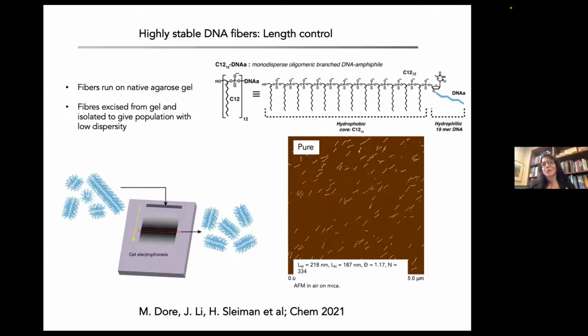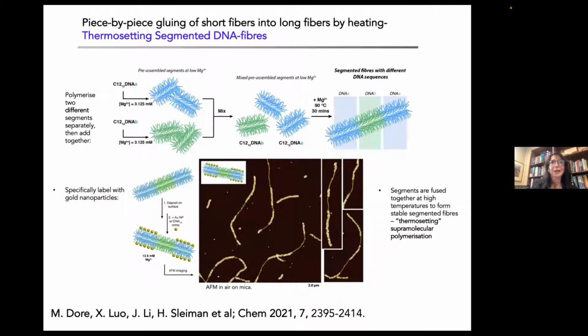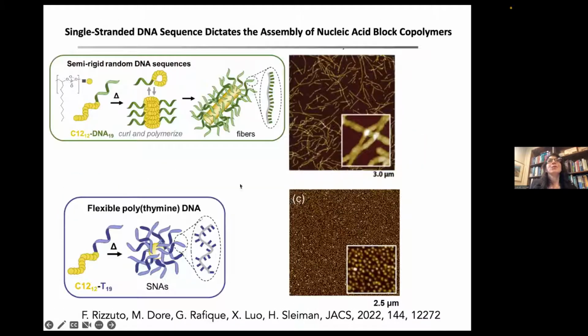So rather than making a cube from 4 strands, now we're just making a fiber from 1 strand. Okay, so they're very, very easy to synthesize and easy to assemble into the final structures. So if you're interested in knowing more, we have published a few papers on those mechanisms and on the effect of every one of the parts of these amphiphilic structures on what morphology we obtain. And so I invite you to read those if you're interested.